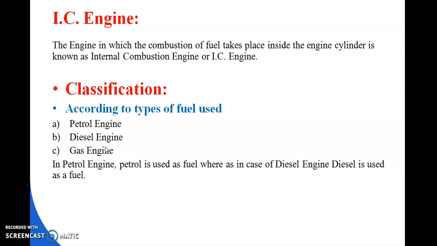In small shops and small offices, we are using the generator set. That is a power plant. We are converting the heat energy present in the fuel to mechanical energy, and that mechanical energy is converted into electrical energy.